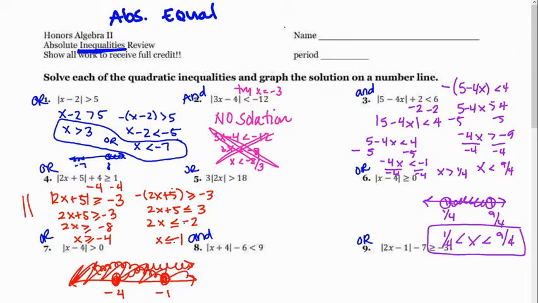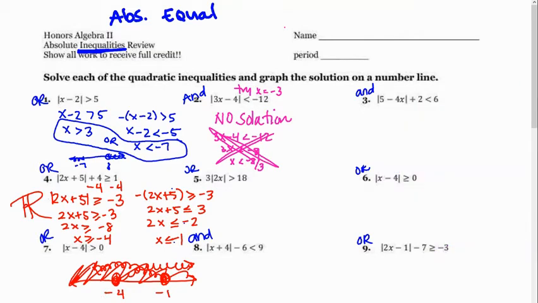This one should be all answers. But when you look back at this, absolute value of 2x plus 5 greater than negative 3, won't any number I put in give me an answer greater than or equal to negative 3 because it's a negative number? So you may have seen that right away. The answer to number 4 is all real numbers.